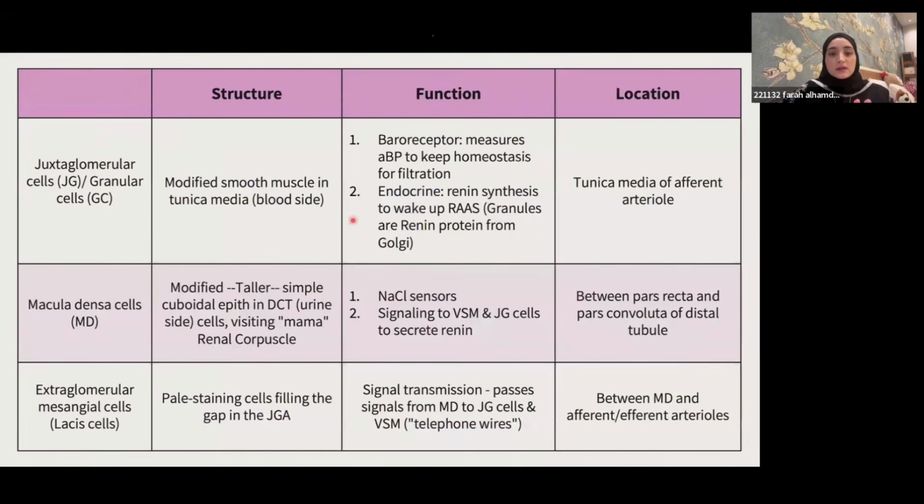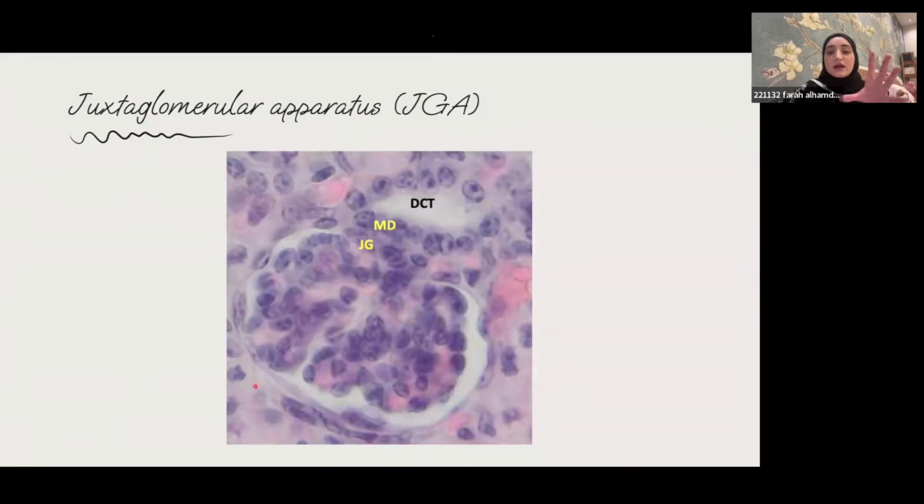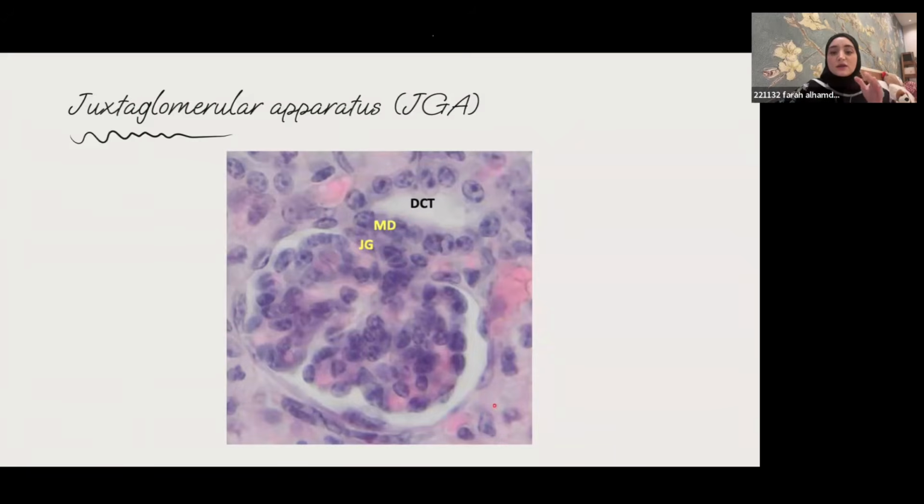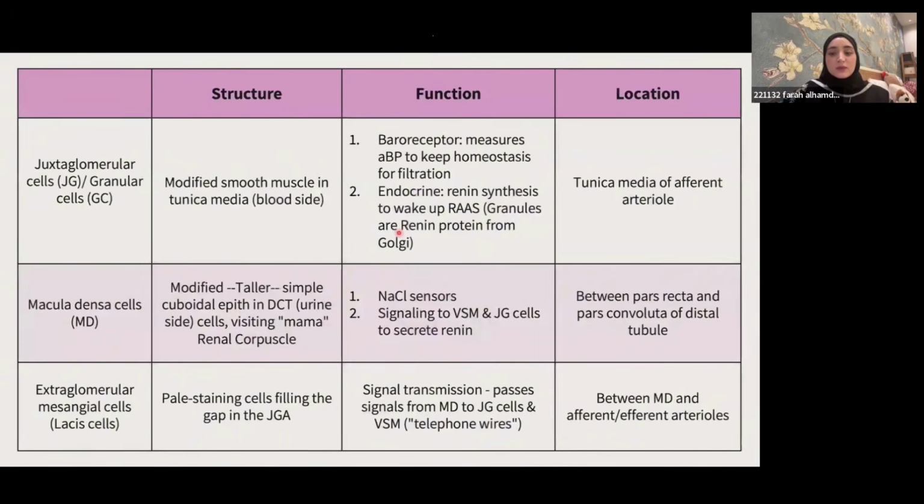The extraglomerular mesangial cells, or Lacis cells, are pale staining cells filling the gap in the juxtaglomerular apparatus. These are the signal transmission between the macula densa and the juxtaglomerular cells, sending signals between them, telling them, hey, let's keep the body in check.